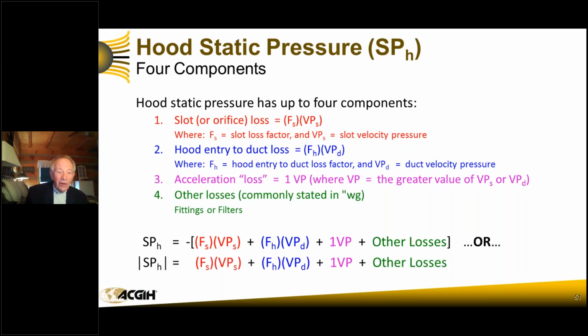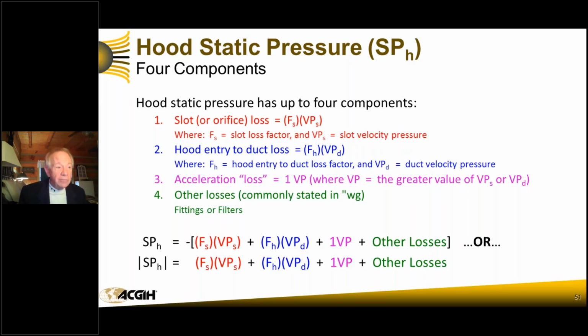Here it is. We'll call it the absolute value of the static pressure of the hood. Now we cannot call it negative, so we can think of it as losses in a positive fashion, as energy losses that must be added to the system, or it won't pull the proper velocity pressure or the proper Q, and it will not protect the employee. So we must have a certain amount of suction, which is what the static pressure of our hood is, a negative static pressure.